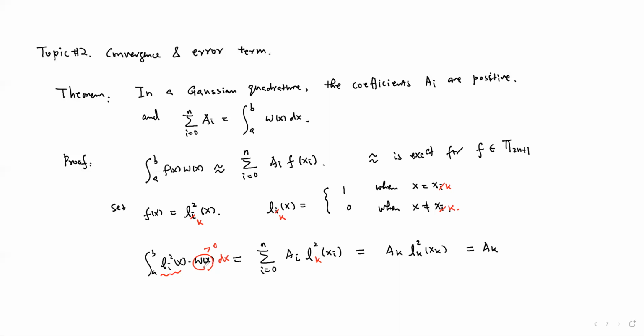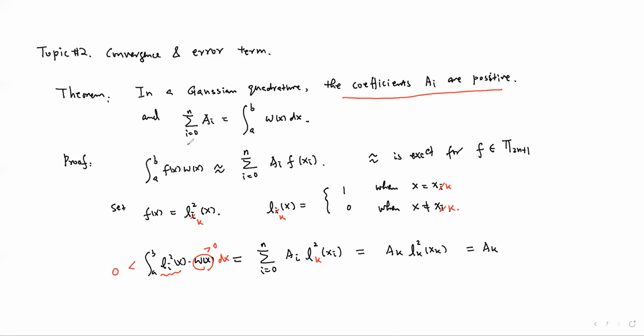The area cannot be 0 because the integrand is non-negative and at some points non-zero. So this number must be greater than 0. So we have proved that all the coefficients are positive.